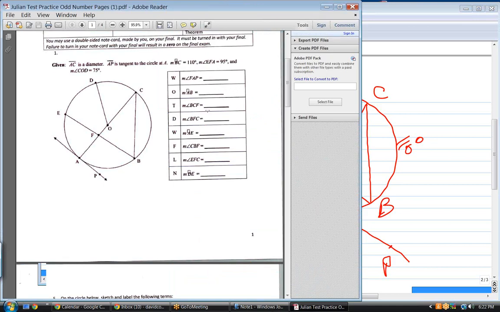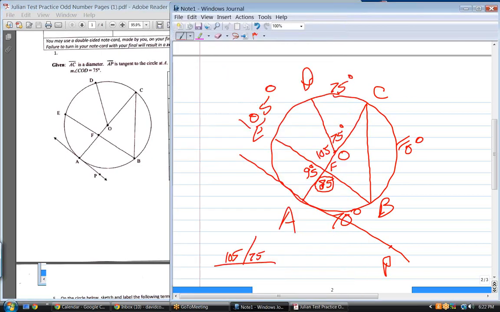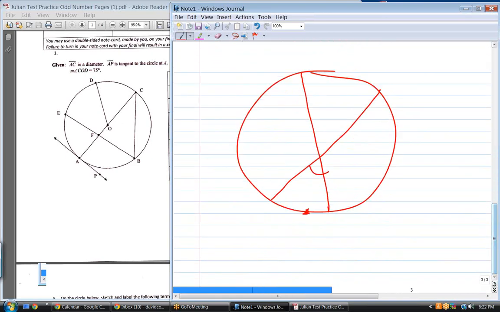Next thing they want to know is the measurement of BCF. Okay. This angle right here. What is that? In other words, I'll make a check mark. That angle right there. Alright, so remember, this is the situation where you don't have a central angle subtending an arc.